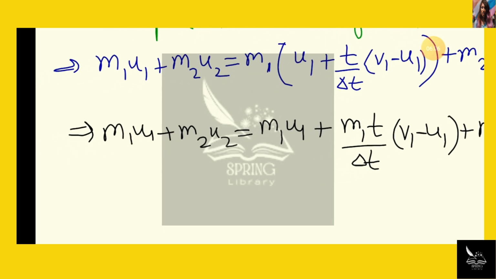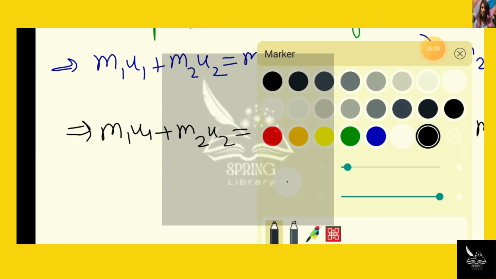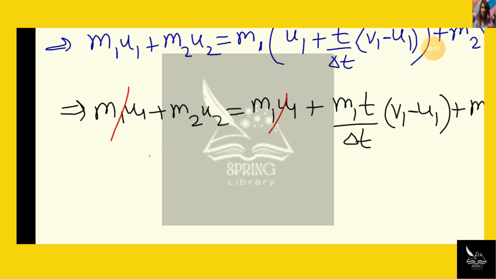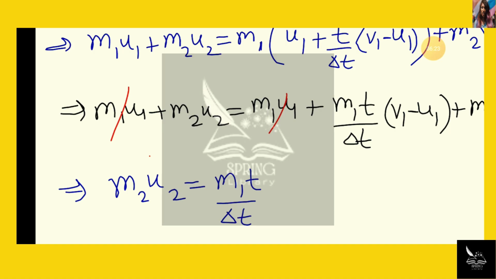Now you can see that m1 u1 cancels out on both sides, so what remains is m2 u2 equal to m1 times t divided by Δt times (v1 minus u1) plus m2 v dash.